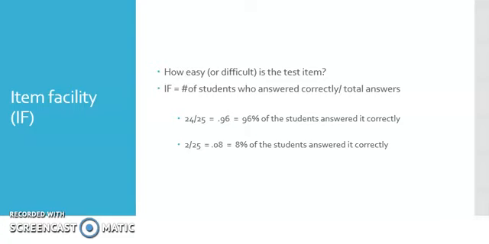But what if only one of the students gets an item correct? Is that too difficult, right? Again, 2 divided by 25 would be 0.08. Only 8% of the students answered it correctly. Is that too difficult? It might be. It sounds quite difficult. We might also want to consider how many test items there are, right?